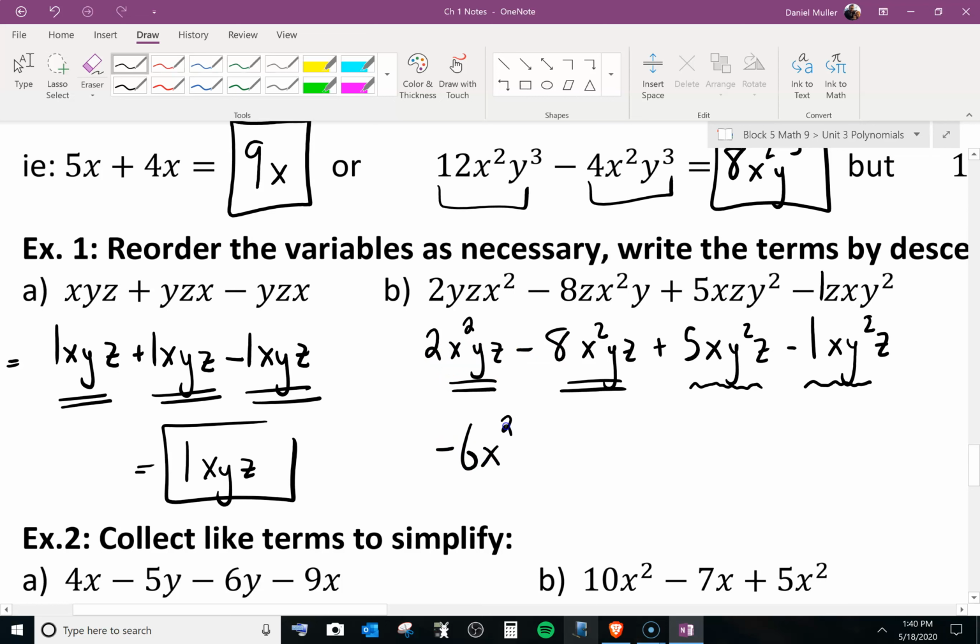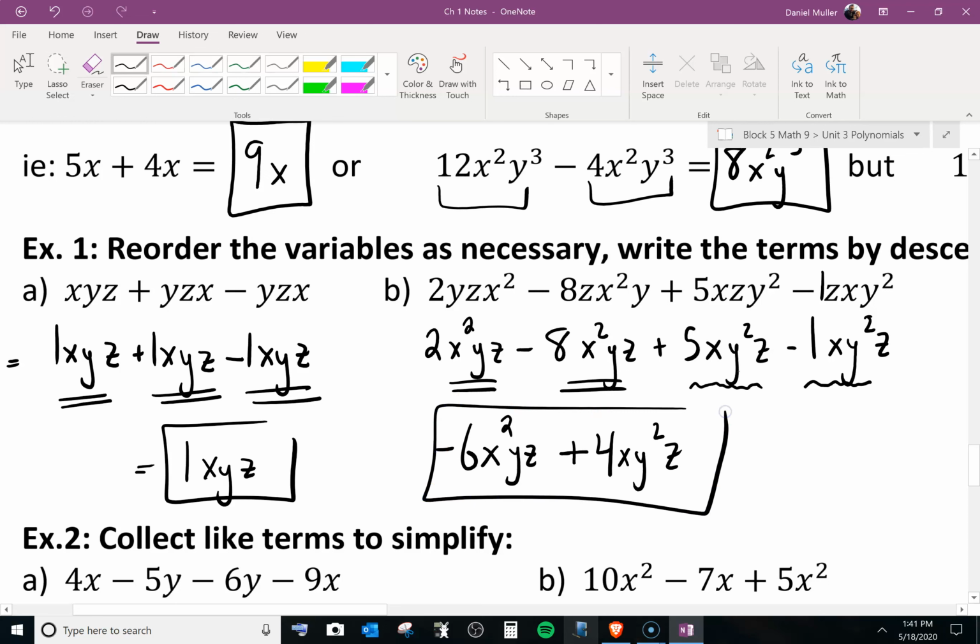And then I can write down the variables, x y squared z, so I can combine them. 2 minus 8 is minus 6. And then I write the variables, x squared y z. And these are the same. 5 minus 1 is a positive 4, so I'll put a positive 4. And then I have to write down the variable, x y squared z. So we have taken something, we reordered it, and then we combined like terms.